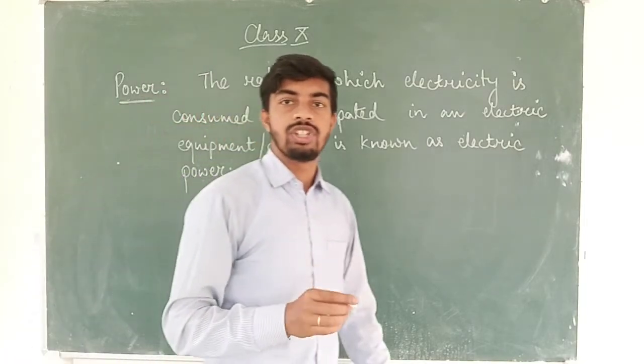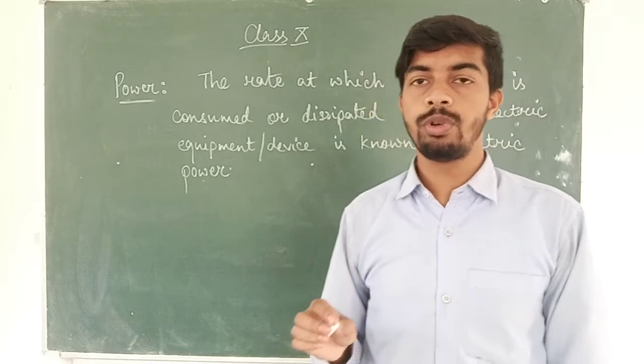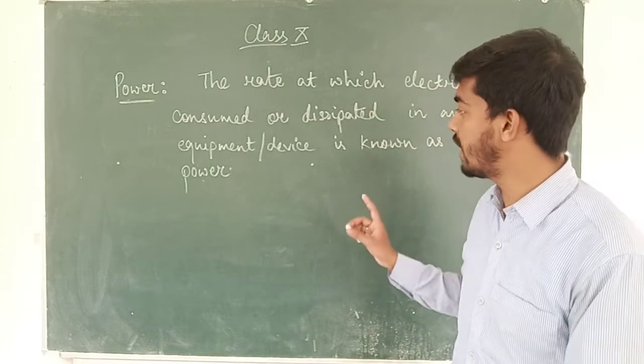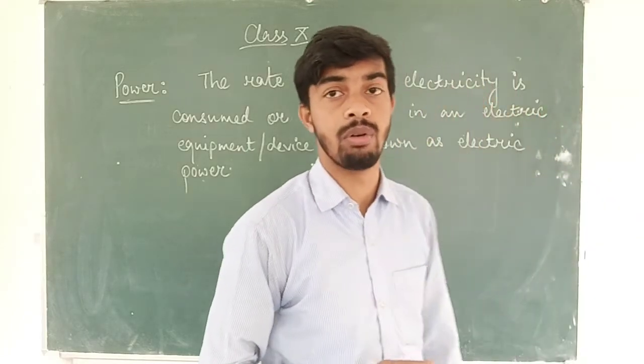The rate at which electricity is consumed or dissipated in an electric device or equipment is known as electric power.